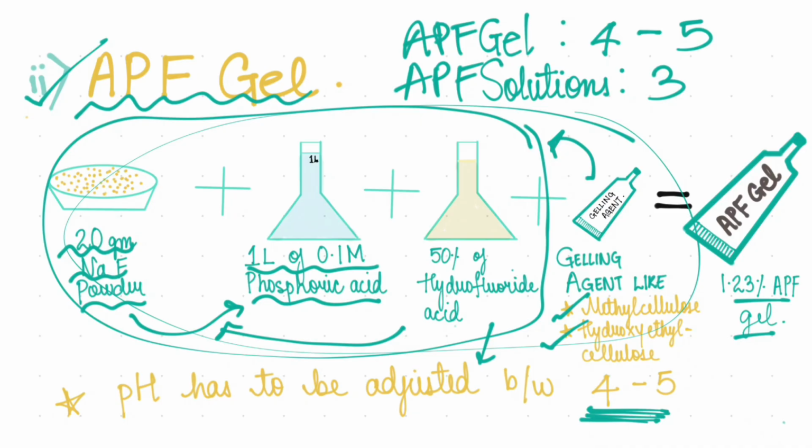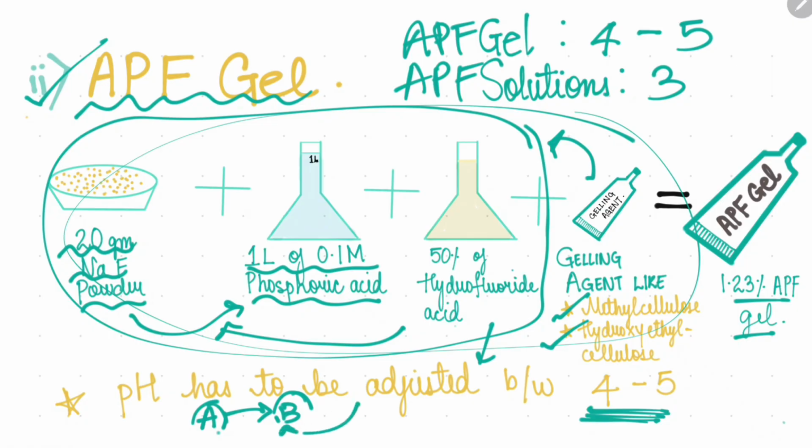Now, summarizing the preparation of APF gel for you. The first 3 agents we add will remain the same. What was agent A? It is 20 gram of sodium fluoride powder, which is added into 1 liter of 0.1 molar phosphoric acid.